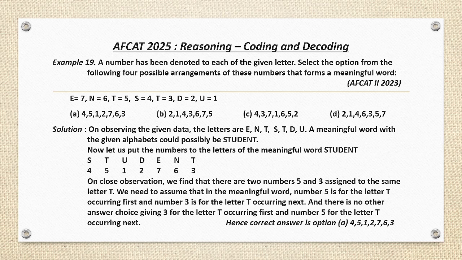So when there is a repetition of a letter having different numbers, you simply follow the sequence. That is, first time T has got number 5, second time T has got number 3. Okay. Same way, in our word, first time T is appearing, there we will use number 5. Second time T is appearing, there we will use number 3. Okay. So 4 5 1 2 7 6 3. 4 2 7 6 3. Option A. Okay. So that is the correct answer.